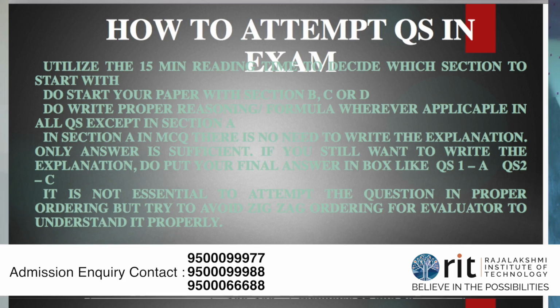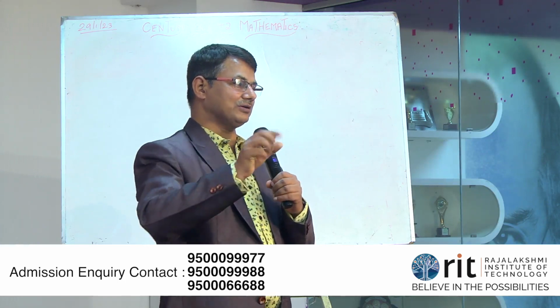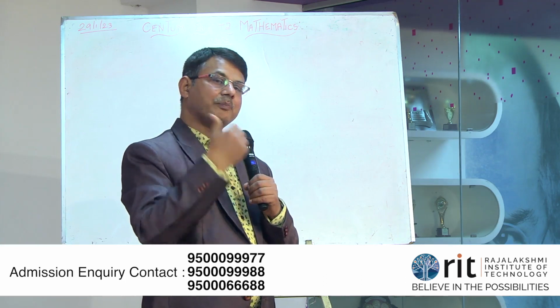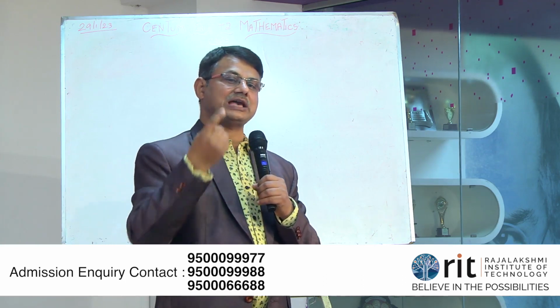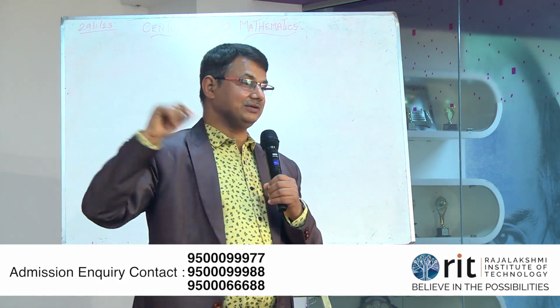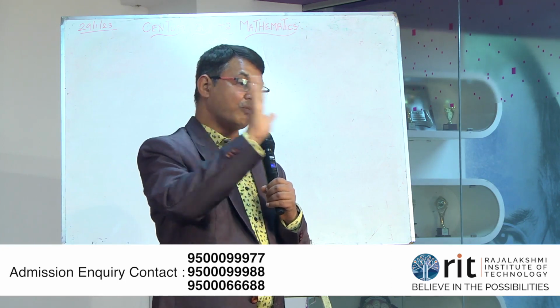Because in one marker, suppose at the very end you are left with 5 minutes or 2 questions, and if you are in a hurry, you can still have the chance of putting B or C and losing 1 mark. Because in part A, there are 20 questions, each carries 1 mark. But if you have left part E or part D, every question carries 4 marks.